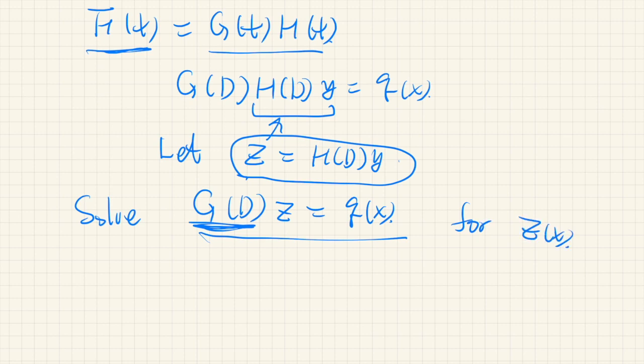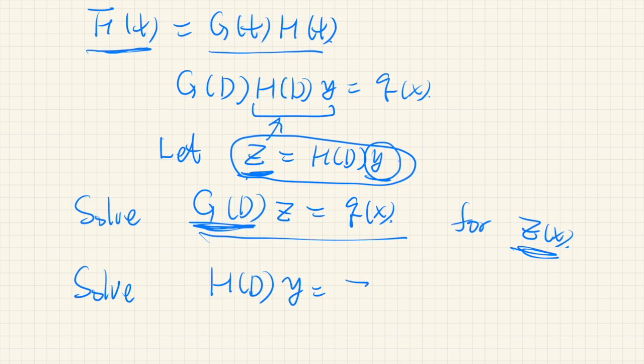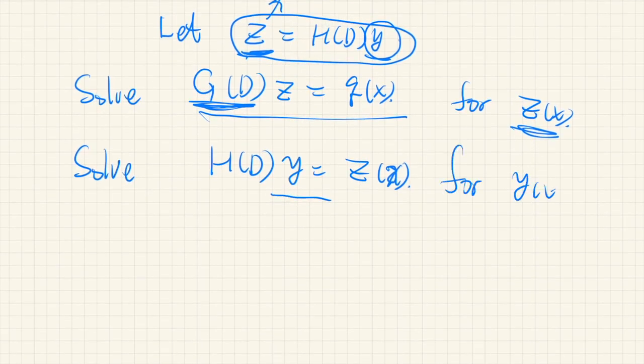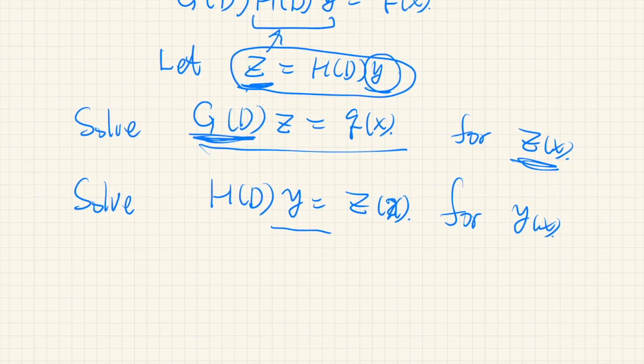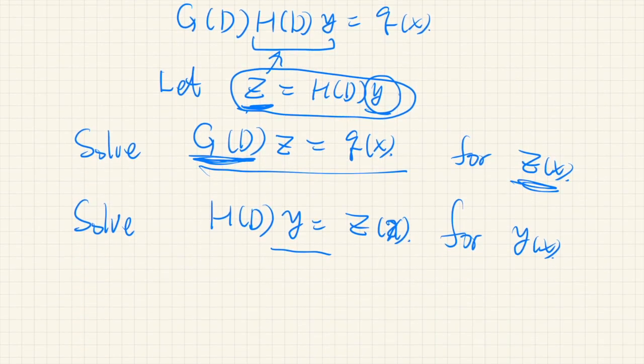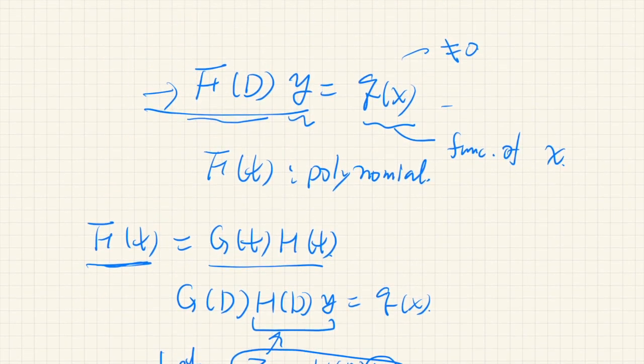Then we substitute this z into here, h of D y equal to z of x, and solve for y of x. In this way, we can solve the original differential equation in two steps: first this and then this. So that's the basic strategy for solving inhomogeneous linear differential equations.